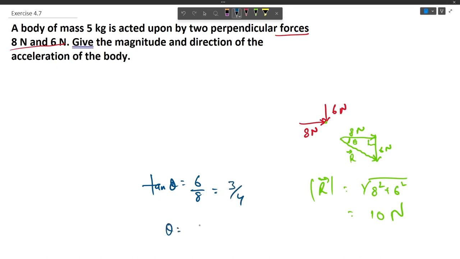Now theta would be equal to tan inverse of 3 divided by 4, and that will be equal to 37 degree. Now we can say that the resultant force of 10 Newton would be at an angle of 37 degree clockwise from the 8 Newton force.